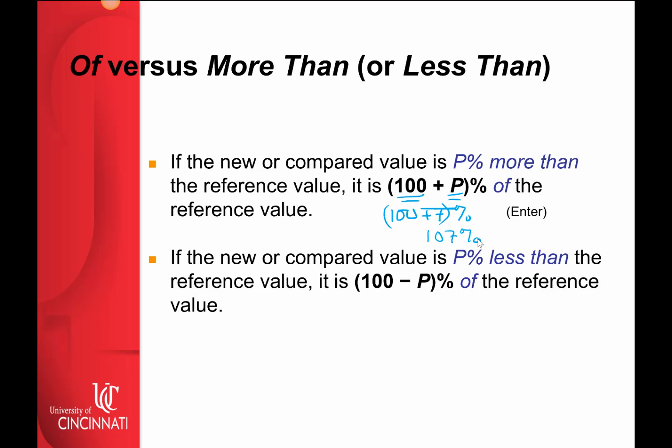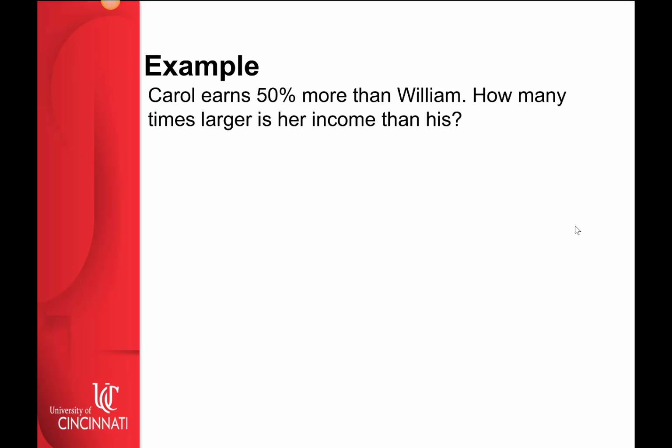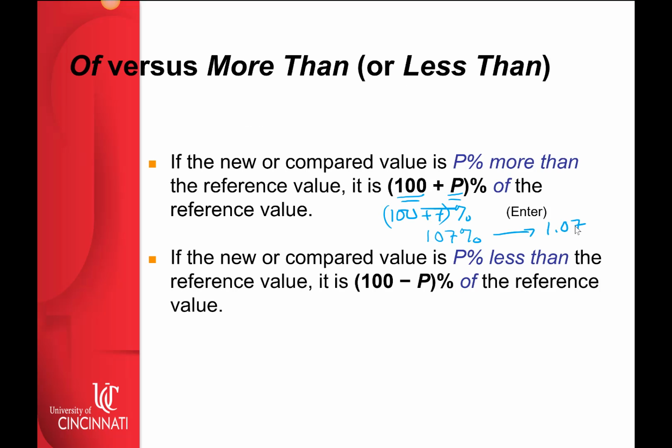Does that make sense? You can convert this back to a decimal. It'd be 1.07. Make sense? And remember, whenever you're actually going to do mathematics, you really do want to convert back to a decimal, not a percent. Things will be 100 times bigger than what they should be, or 100 times smaller. And if we knew that my salary was $45,000, what's Nicole getting? 107% of that.